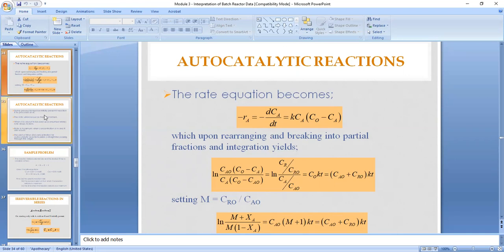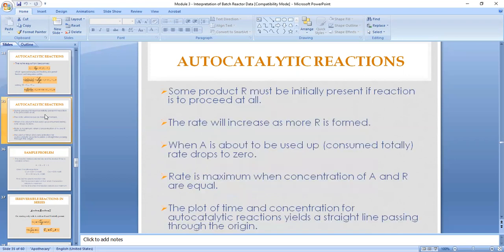Now we move on to the very important things that we need to take note of regarding autocatalytic reactions. For autocatalytic reactions, there is a requirement that some product R must be initially present if the reaction is to proceed at all. Meaning there should be a little amount of R initially present for the reaction to proceed. If not, there won't be any reaction that will happen, unlike the homogeneous catalyzed reaction, which would still happen without the presence of a catalyst.